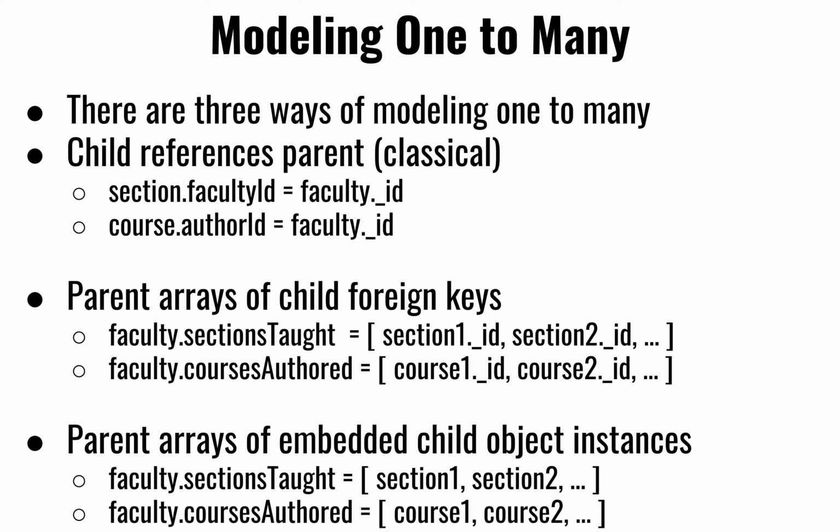You can embed the entire object inside of the parent object. Here we're using references, we're using the foreign key. We have the ID of that other object that we are referring to. Or you can actually put the entire object in there as an embedded object.